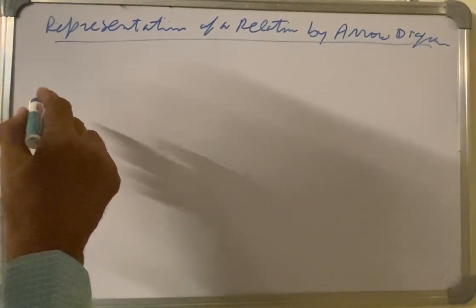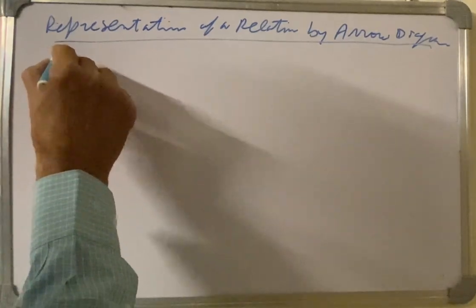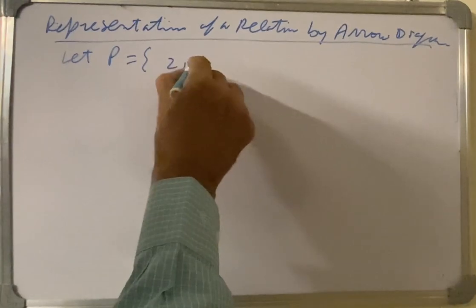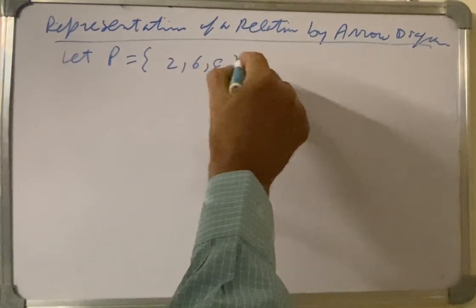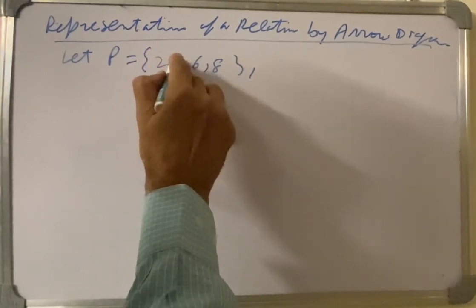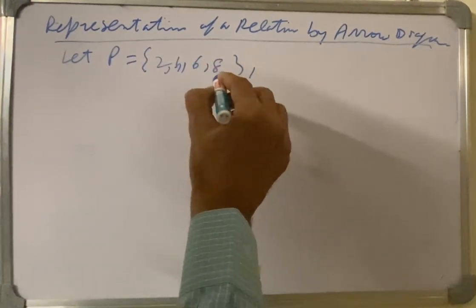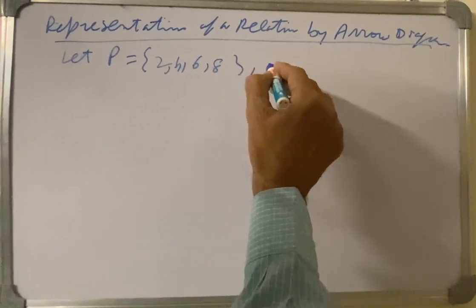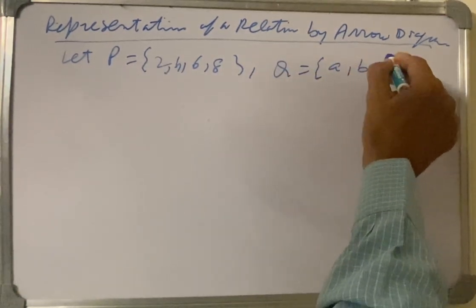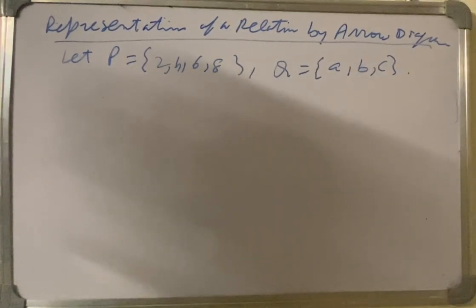Let P is {2, 4, 6, 8} and Q is {A, B, C}.